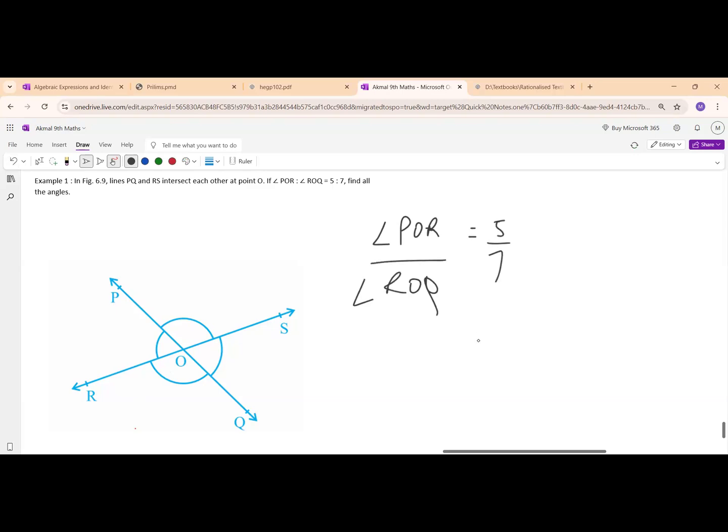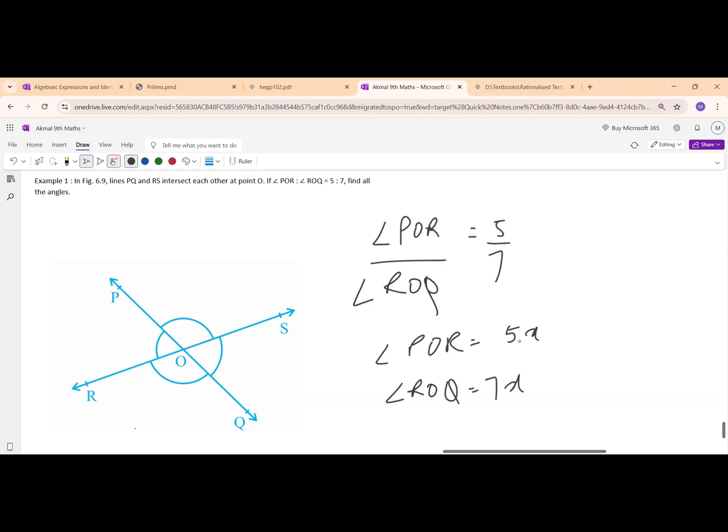Basically, the ratio is 5:7. So this means that angle POR is a multiple of 5 and angle ROQ is a multiple of 7. So I can write that angle POR is equal to 5x, and I will take angle ROQ is equal to 7x.